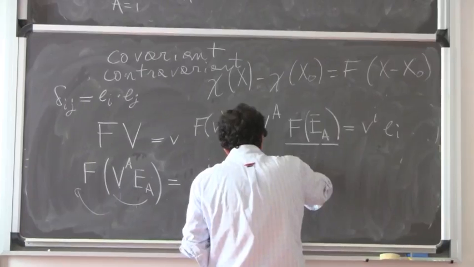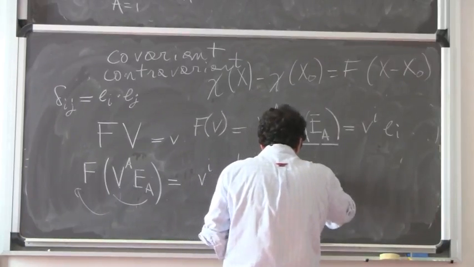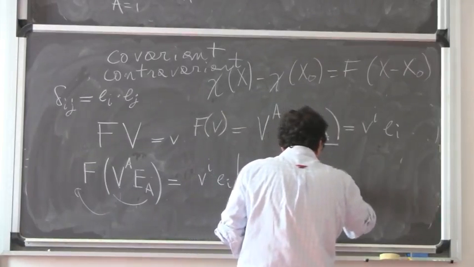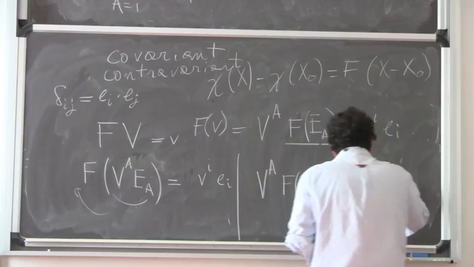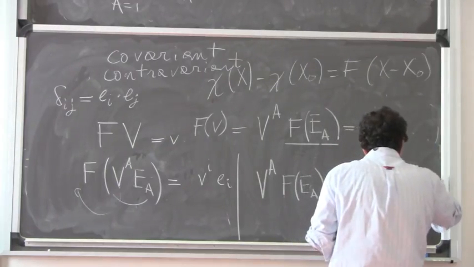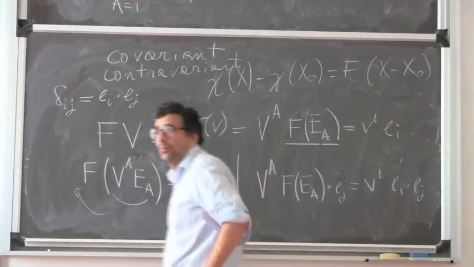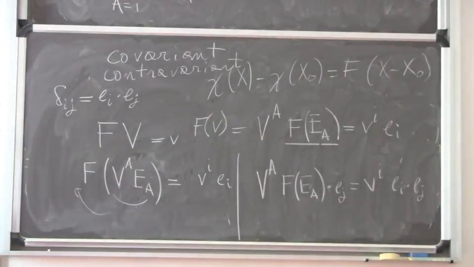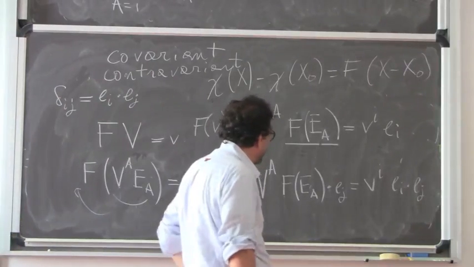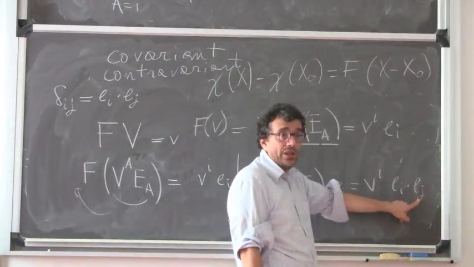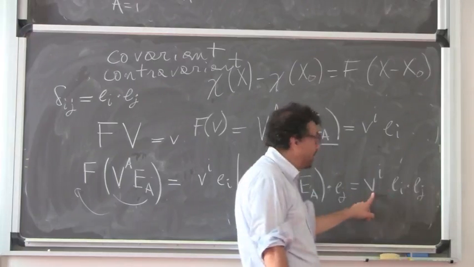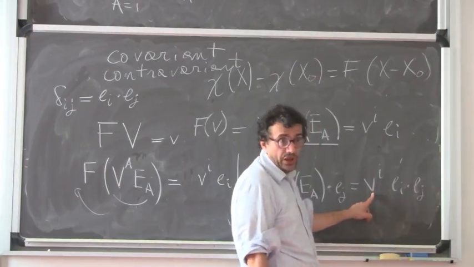So V^A F(E_A) dot e_j equals V^I e_I dot e_j. So at the end of the story, this is delta_ij. So the only surviving V^I here is V^j.